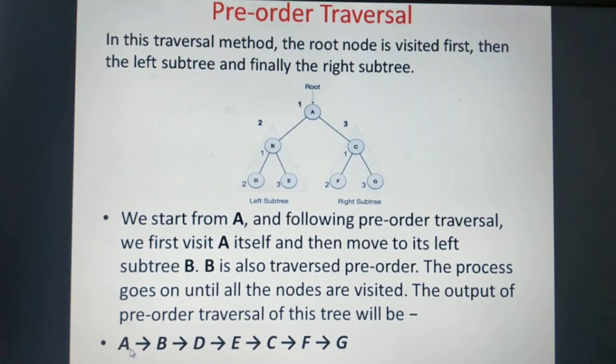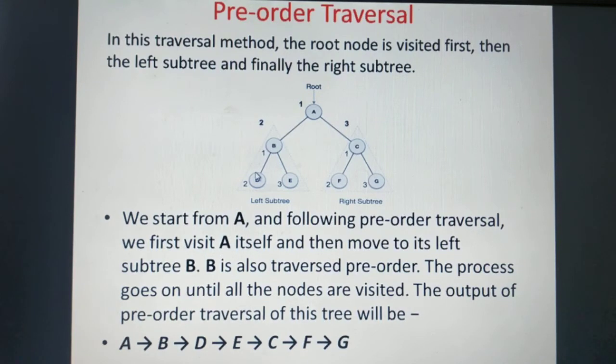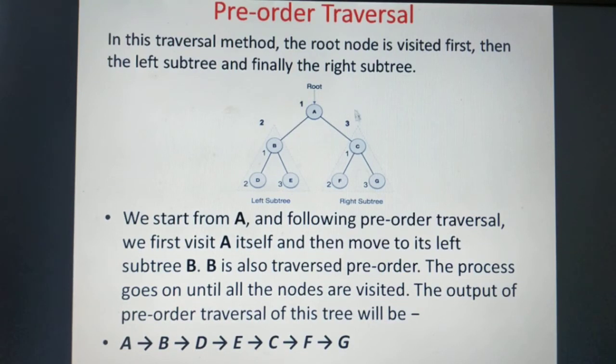First we'll have the root, then the left subtree. In case of left subtree also we traverse it in the pre-order fashion, hence it is going to be root, that is B, then followed by the left value, that is D, then followed by the right value E. Now next we move ahead to the right subtree.